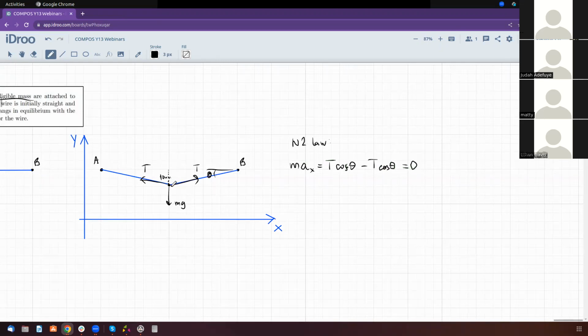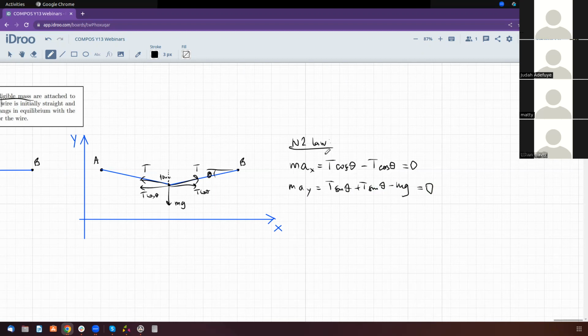Well, that's obvious, because this is T cos theta and this is T cos theta, so horizontally it is not moving. Duh, but I just wanted to practice using Newton's second law. So mass times acceleration in the y direction is equal to the upwards forces minus the downwards forces: T sin theta plus T sin theta minus mg. And that also equals 0, because it's not accelerating.